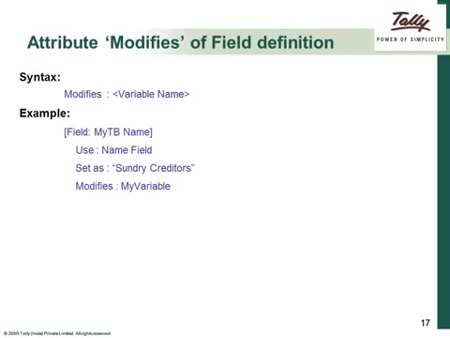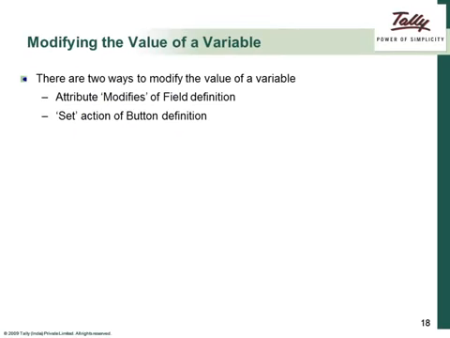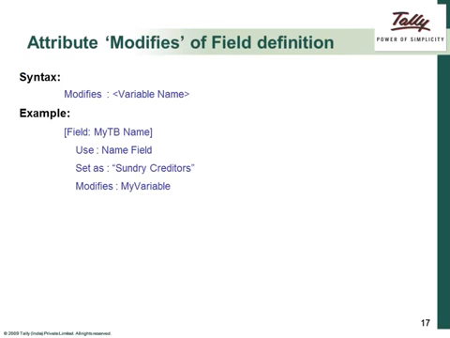One we saw is at report level we provide set, that is we provide an initial value of the variable while we are opening that report. Then there is an attribute or an action called as field level called as modifies. Please remember this because we will require this when we are writing a drill down report. Field acting as a variable, variable volatile, and field level having modifies. We will require all these three while we are writing a drill down report.